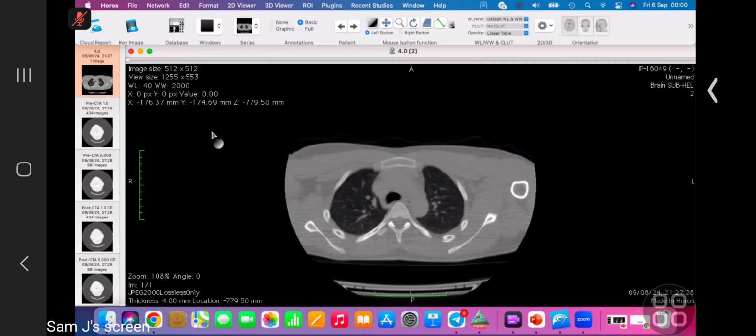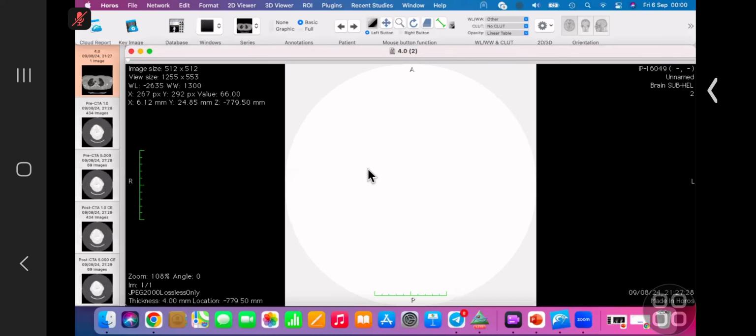This is a very interesting case. Yes, approve. Okay. You can scroll. He's a young patient, 22-year-old male, who came with history of right lower limb weakness.